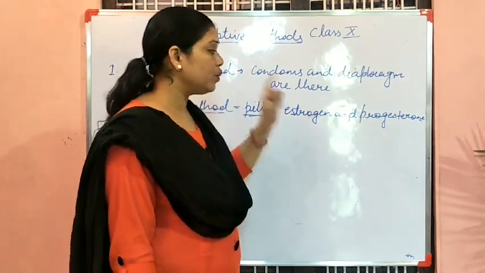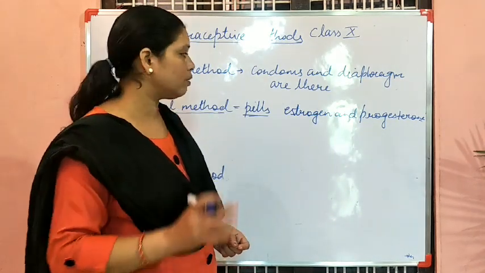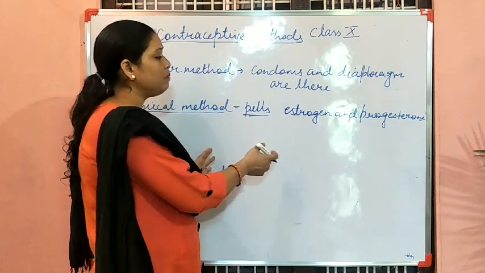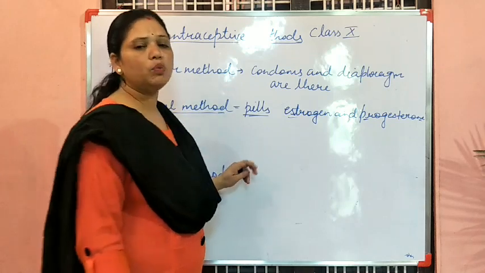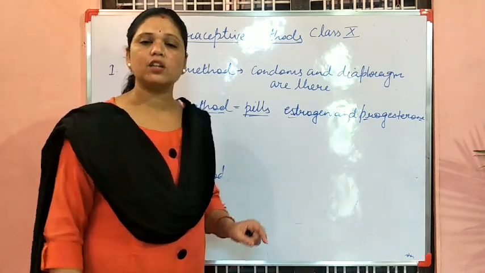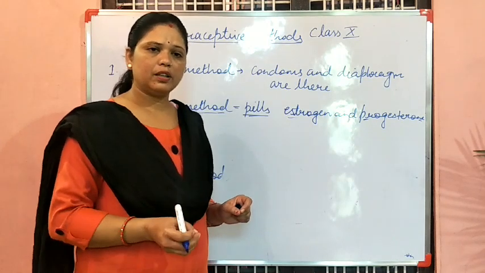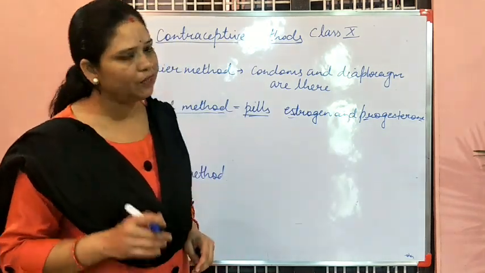During pregnancy ovulation never takes place, meaning the egg is not released. So these pills or tablets contain either a combination of estrogen and progesterone or only progesterone, and as a result ovulation doesn't take place, so no fusion, no fertilization takes place in the fallopian tubes.